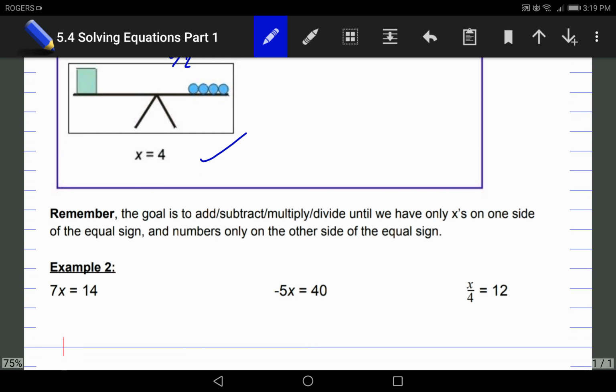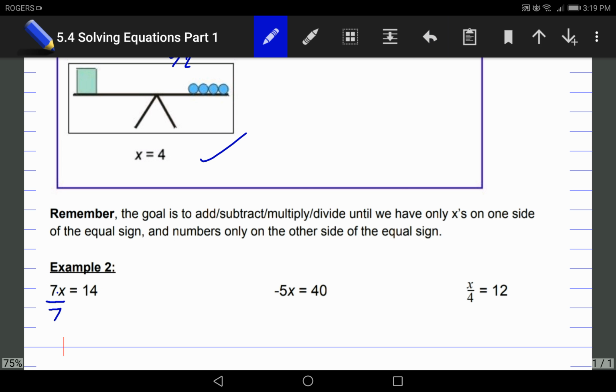Okay, I have 7 times x, or 7 times a number equals 14. I want to move the 7 out of here, over here. How do I do that? Divide it out, because the opposite of multiplication, it's 7 times x.